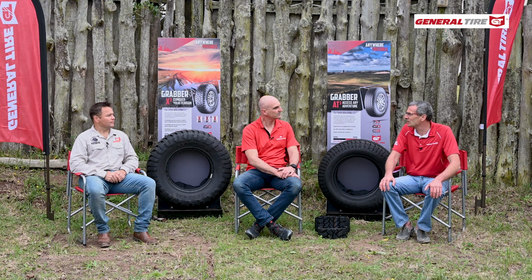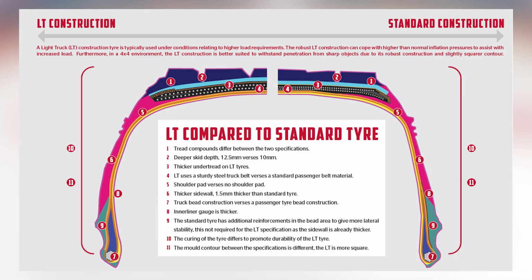Definitely. Tread penetrations not as much, but sidewall penetrations in the buttress area are by far the most that we're going to encounter. From a tread perspective, on a light truck construction we've got more tread. The tread area is thicker, and right underneath that we have our steel stabilizing belts.